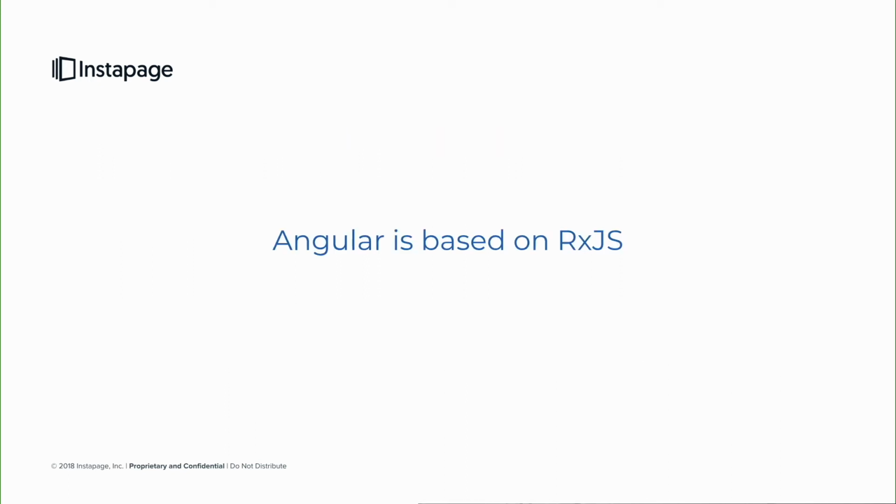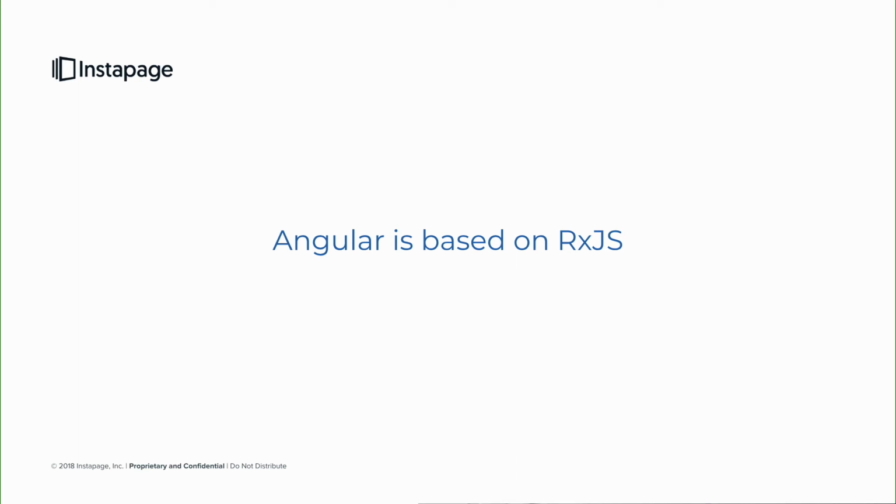And going further, Angular is based on it. For me, it's really nice to hear, because after Ben Lesh joined the Angular team, I'm really sure that RxJS will not be dropped. Earlier, when Ben Lesh was working at Netflix, it was developed mostly by him.